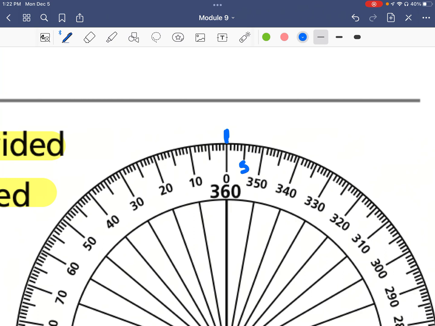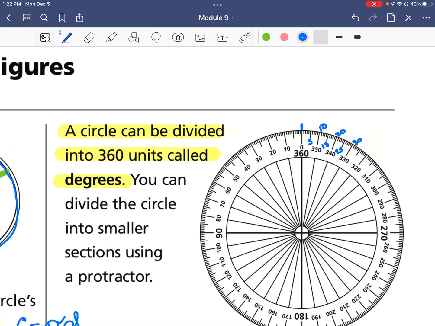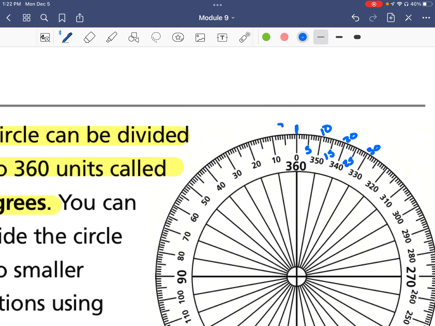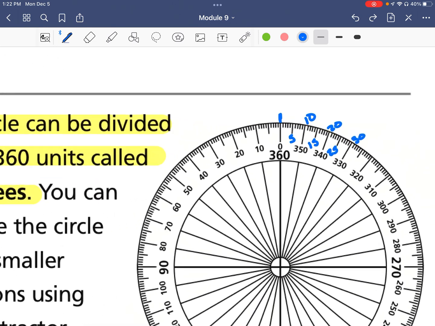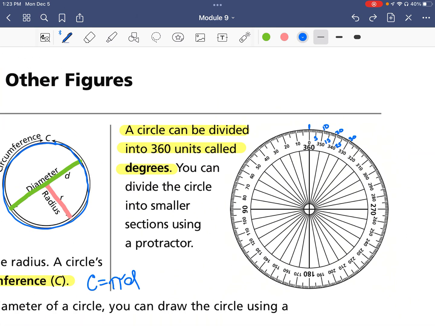So this would be 5, 10, 15, 20, 25, 30. If we were going clockwise, you could also go counterclockwise too, as we're counting or looking at the protractor that way. Each of the medium marks here are 5, the big ones are 10, and they all add up to equal 360 degrees.